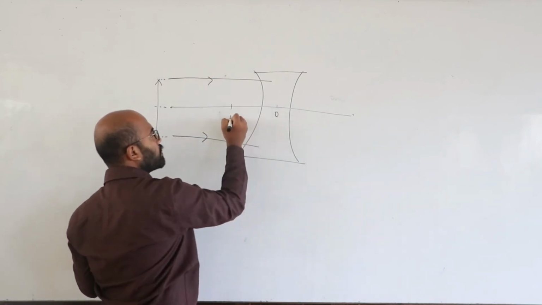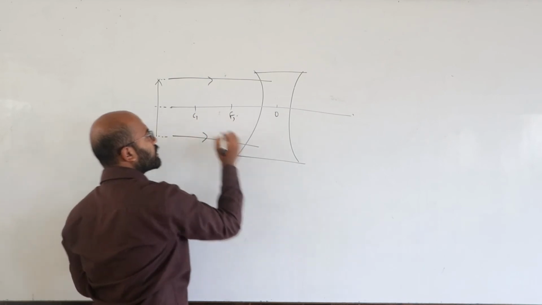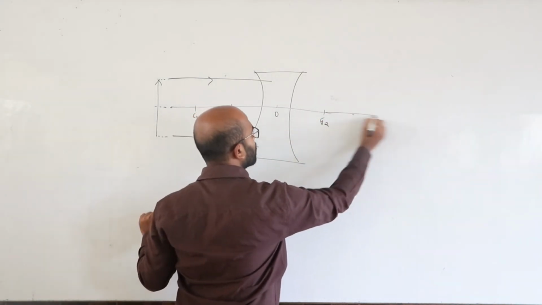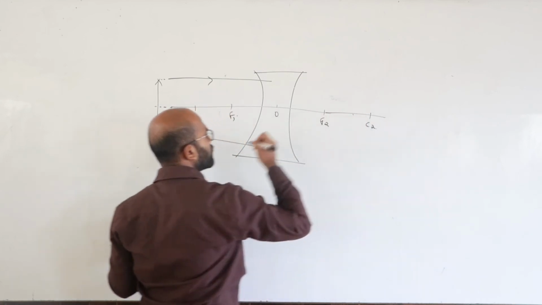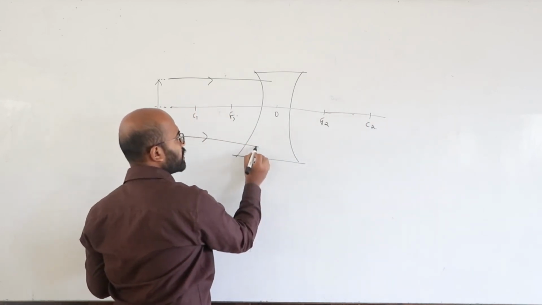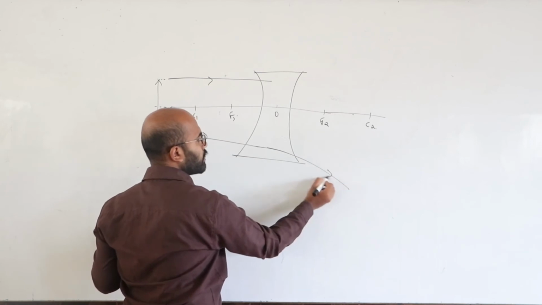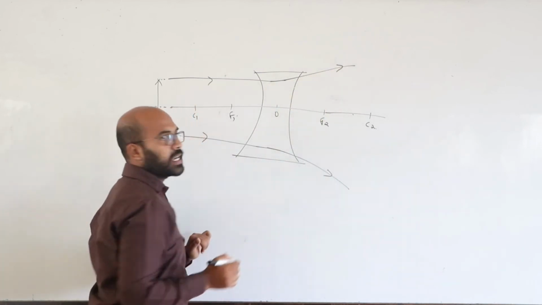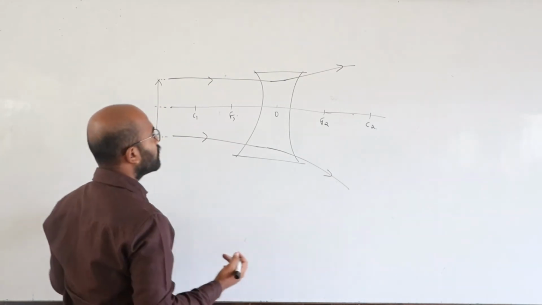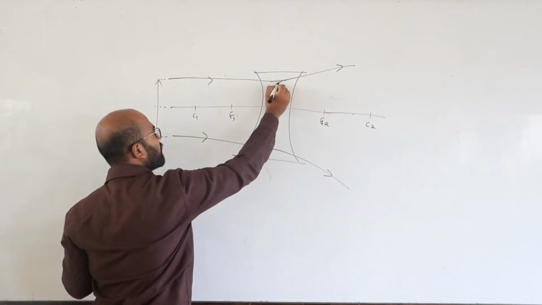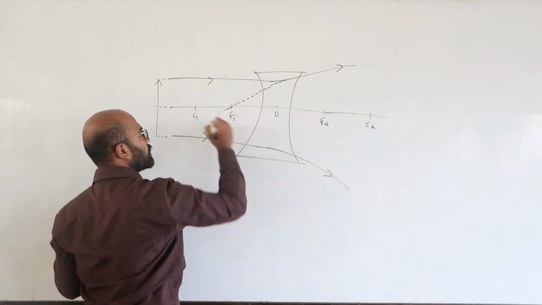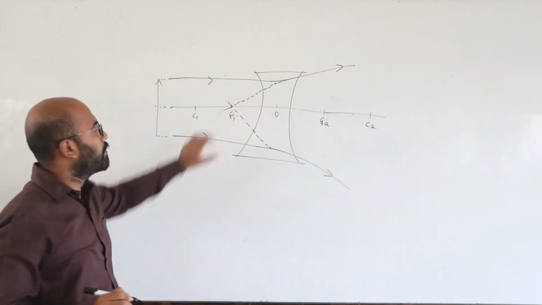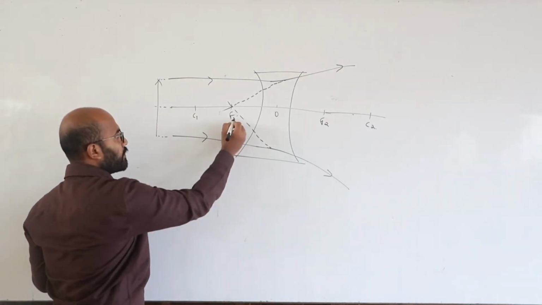The optic center, F1, C1: principal focus, center of curvature. So what happens after refraction? The light rays diverge. When I extend these diverged light rays, they meet at principal focus F1.